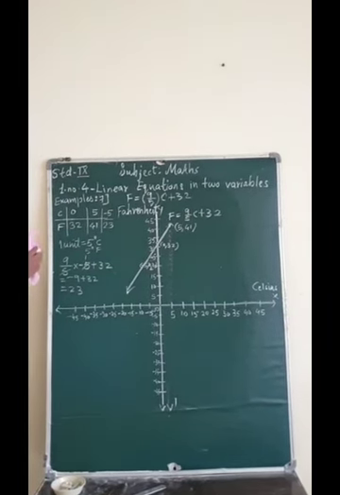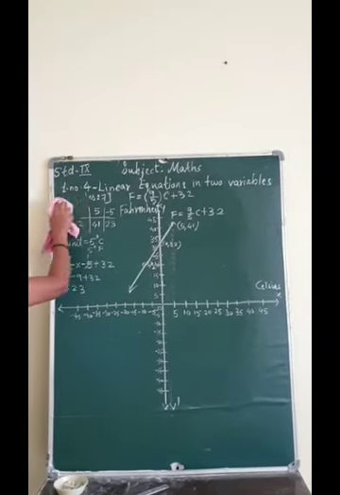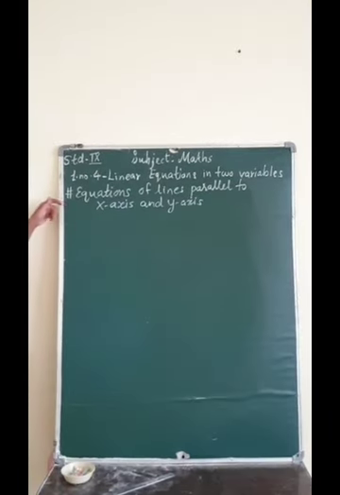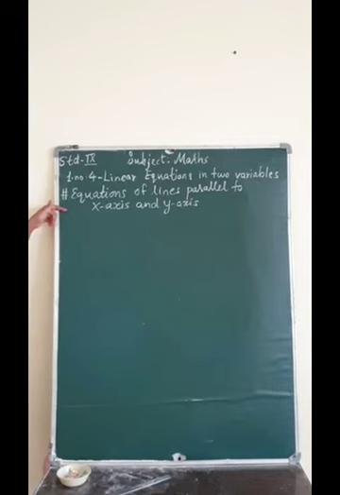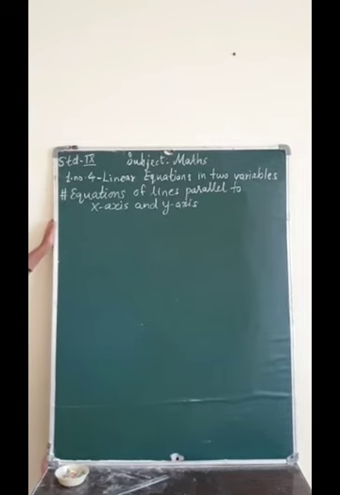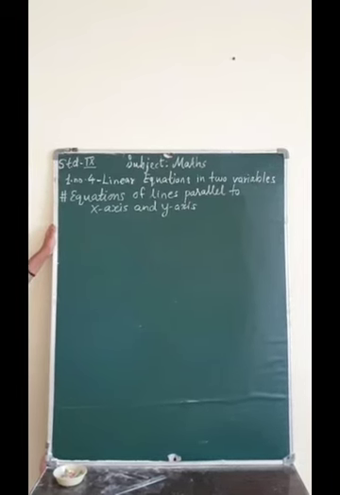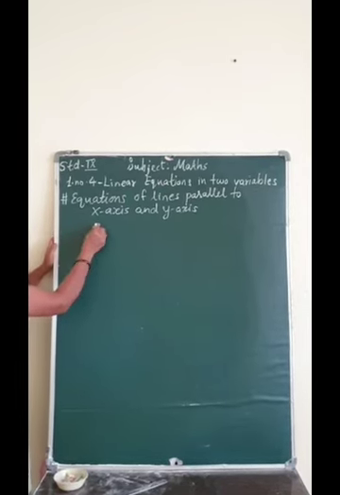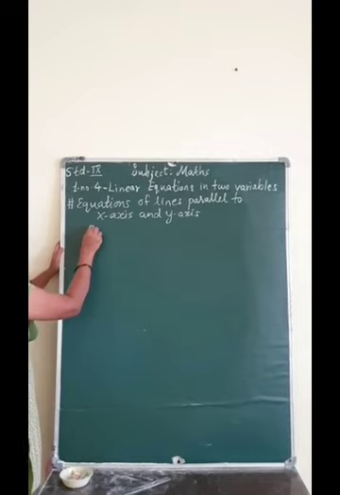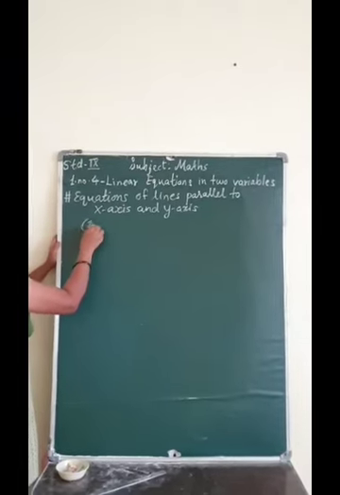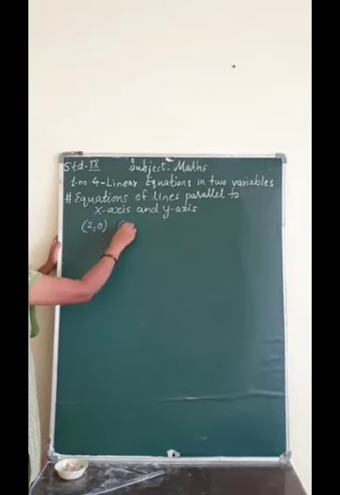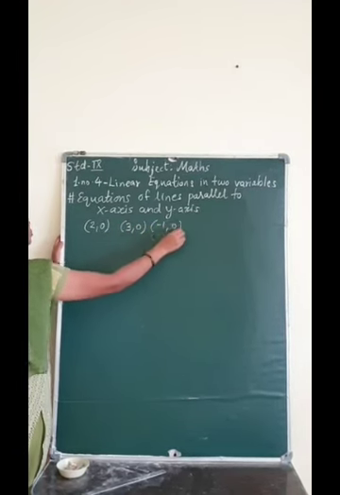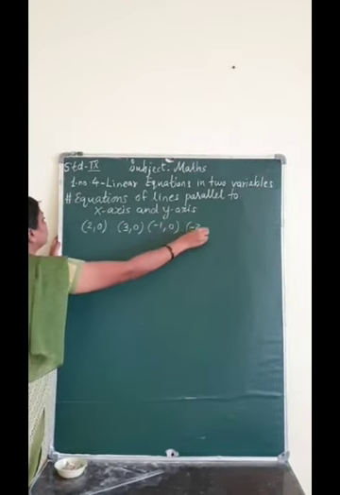Now we are moving to the next concept, that is, how equations are formed for the lines parallel to the x-axis and y-axis. You have studied how to write the coordinates of given points. For example, the points with coordinates (2, 0), (3, 0), (minus 1, 0), (minus 2, 0).